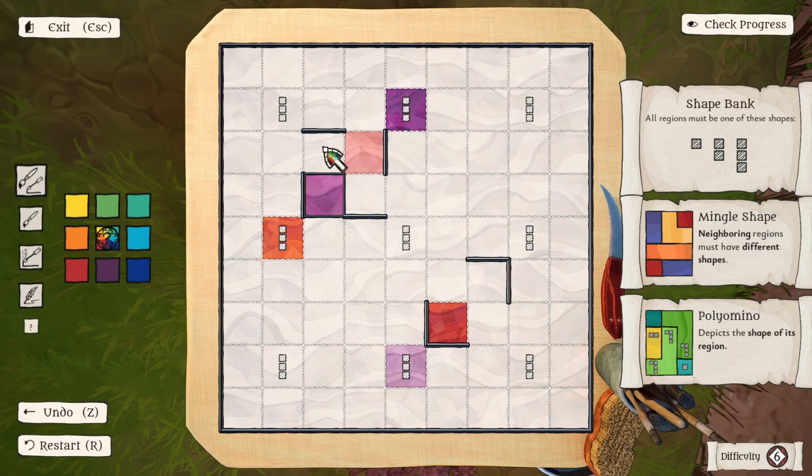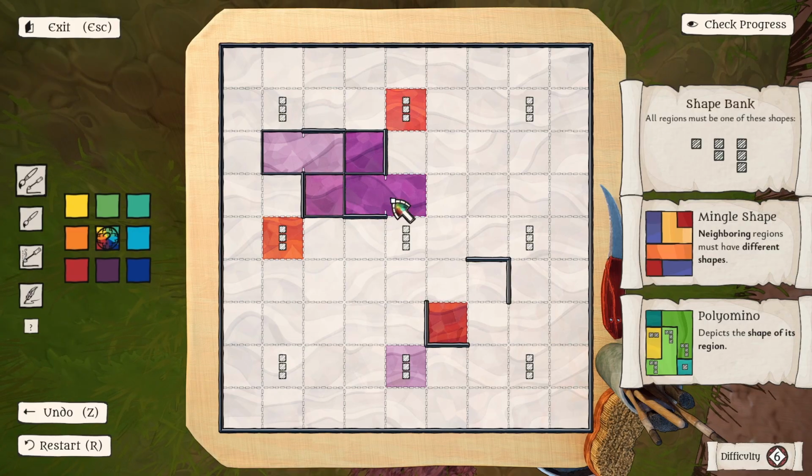That would have to be a 3. So this is a 1. Now these must be 2s. If that's a 2 and that's a 1, this must be part of a 3, so it's that 3.